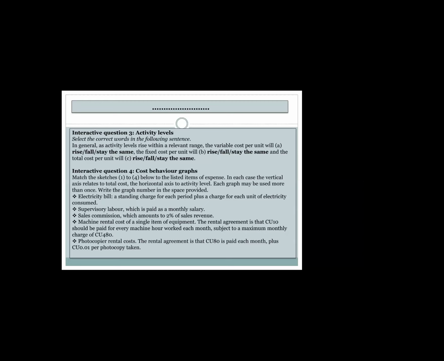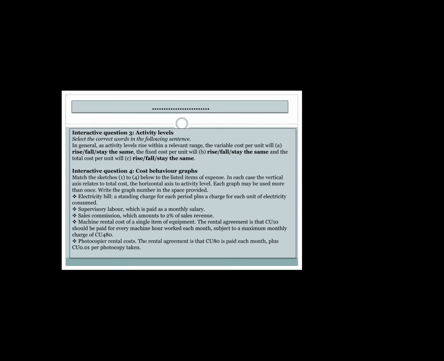Rise, fall, or stay the same? In a relevant range, if activity level rises, our variable cost per unit will rise, fall, or stay the same. Which option will be right? As we know, variable cost per unit is always fixed. It is not related to the relevant range. Whatever units we produce, variable cost per unit is fixed.